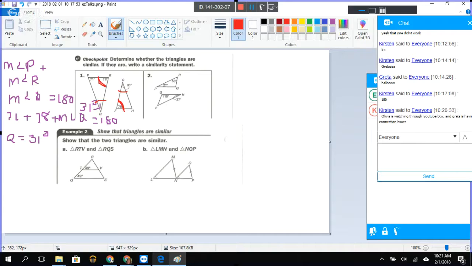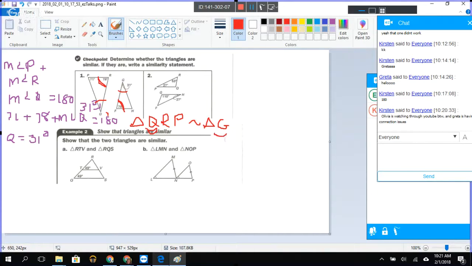So if I wanted to write a similarity statement, I would say that triangle QRP is similar, and now this is where you have to pay attention. Angle Q corresponds to angle G, so it would correspond in the same spot when you write out the triangle.